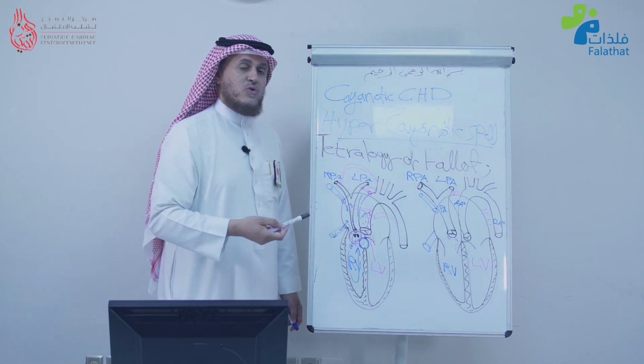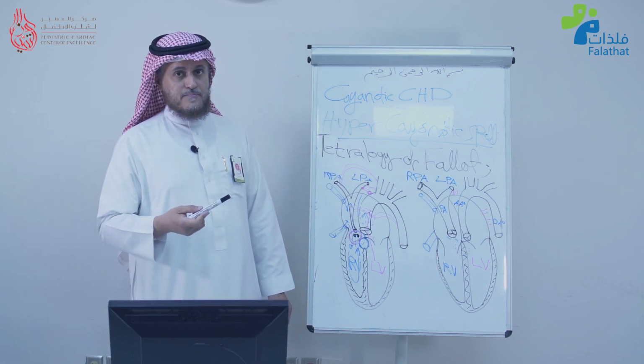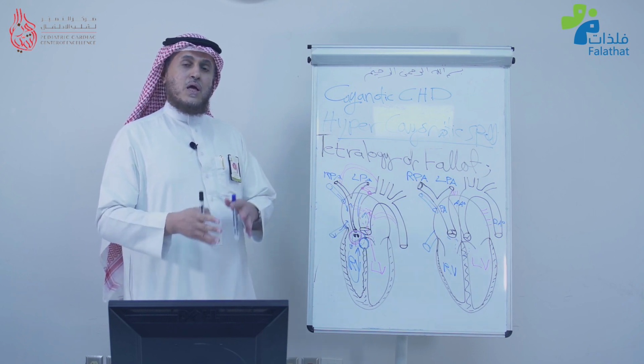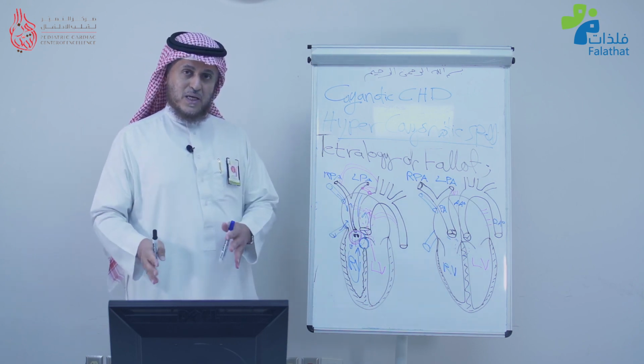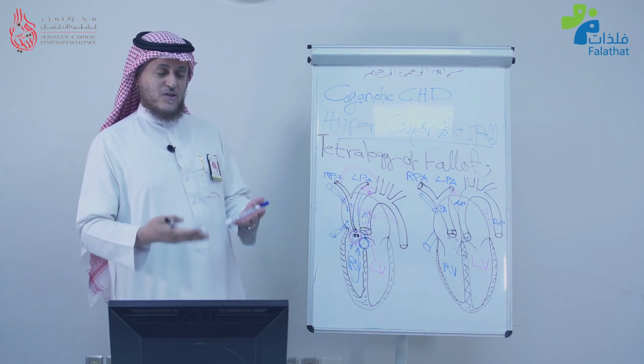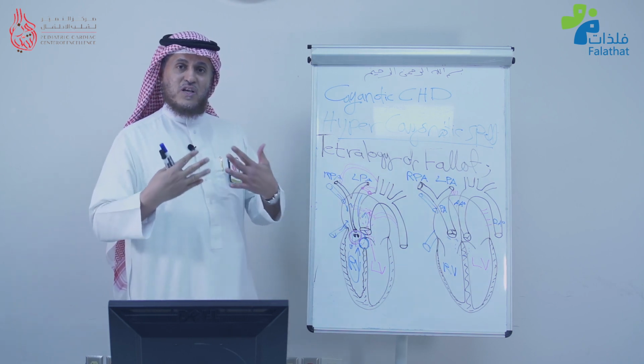The patient now becomes cyanotic. Cyanosis means we're not delivering enough oxygen for body metabolism. The body metabolism goes from aerobic to anaerobic. So now you're producing acid. The baby becomes acidotic. And the more acidotic the baby becomes, the baby starts to breathe faster.